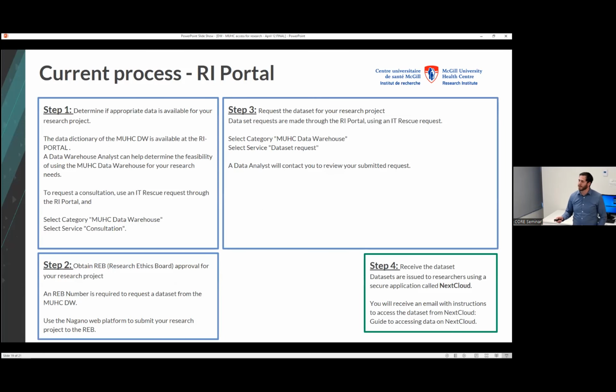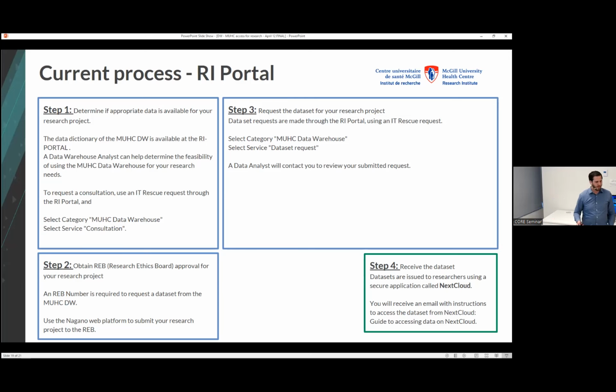Basically, we split it in steps. Step number 1, if you have any question, you can make a consultation in IT rescue. Step number 2 is to obtain the research ethics board approval for your research project, and that number is required when trying to request the data at the data warehouse. Step number 3 is the actual requesting of the data.